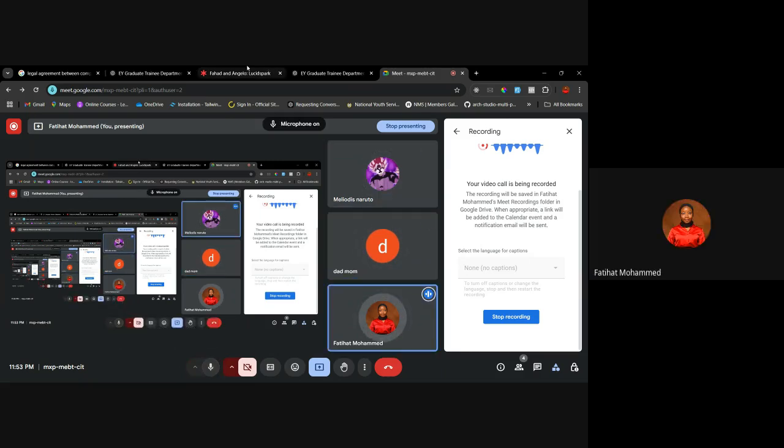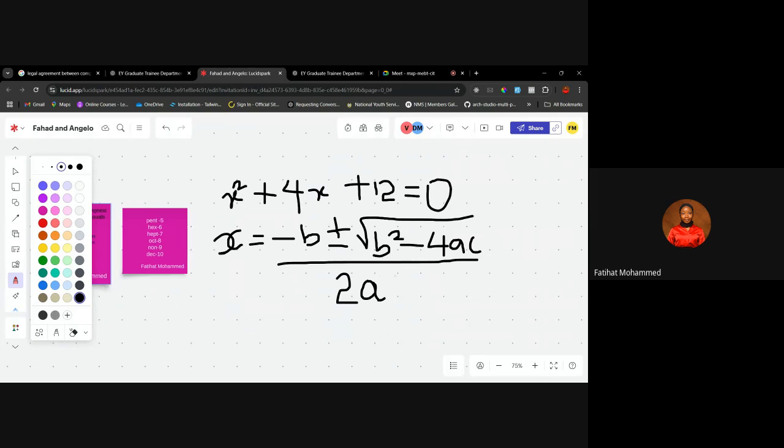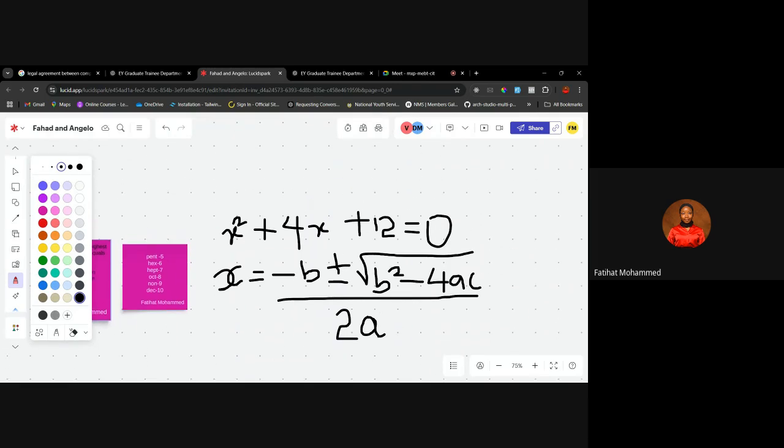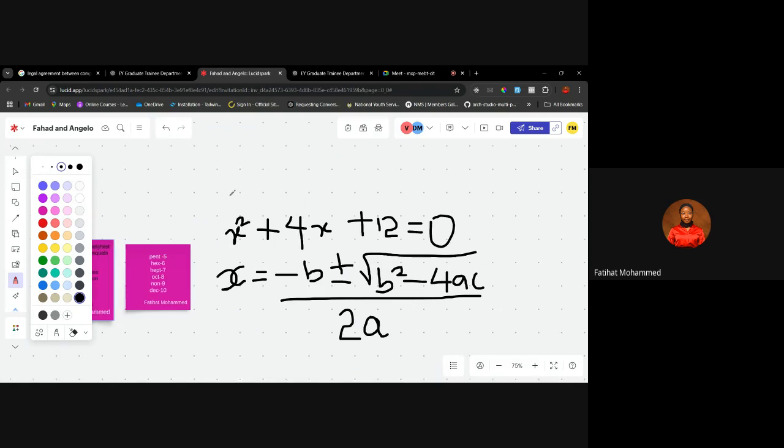All right. So this is the formula that I was saying. Now, the general form of a quadratic equation is like this.